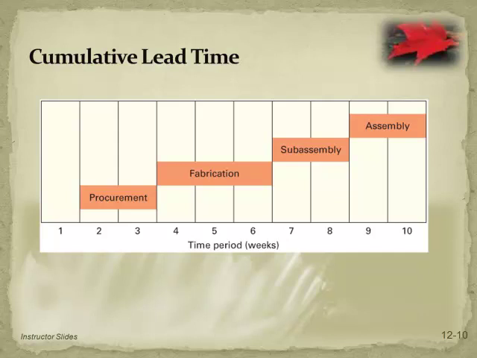Fabrication is defined as some type of process where I'm taking those raw materials and converting them into something else. Then there could be some sub-assembly work, taking some of those fabricated parts and assembling them into another stage, and then taking those various sub-assemblies and linking them all together into the final product. So how long would it take me to actually get that first part out?